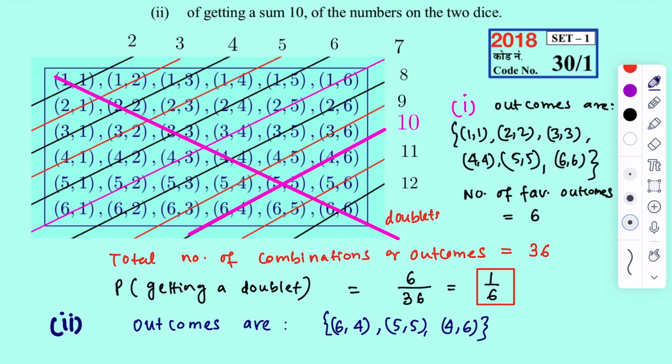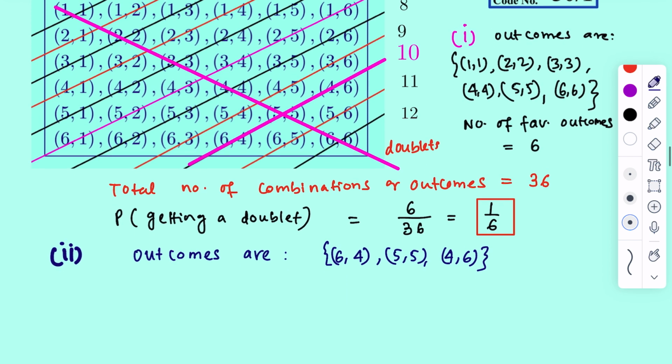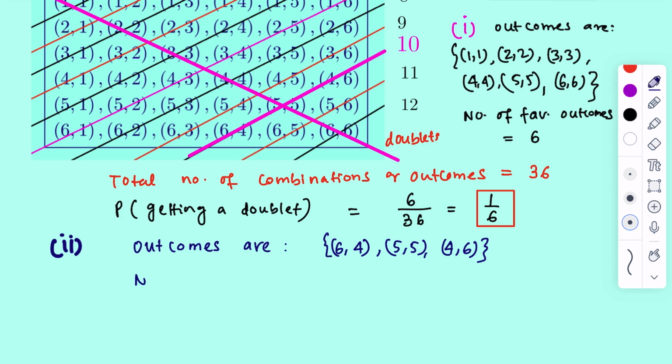These 3 outcomes are there. So the number of favorable outcomes is equal to 3 and the number of total outcomes is 36.